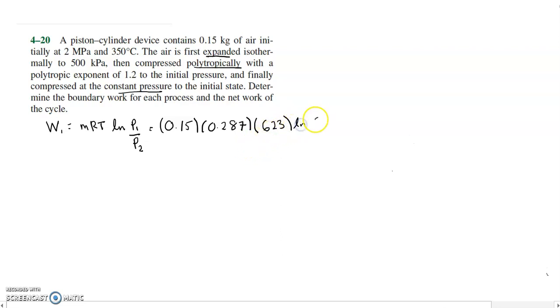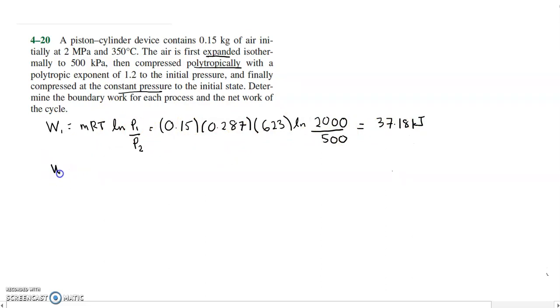Ln, with the pressures as 2000 kPa over 500. So solve for this and you will get W1 equals 37.1 kilojoule. Okay, so this is for the first part.